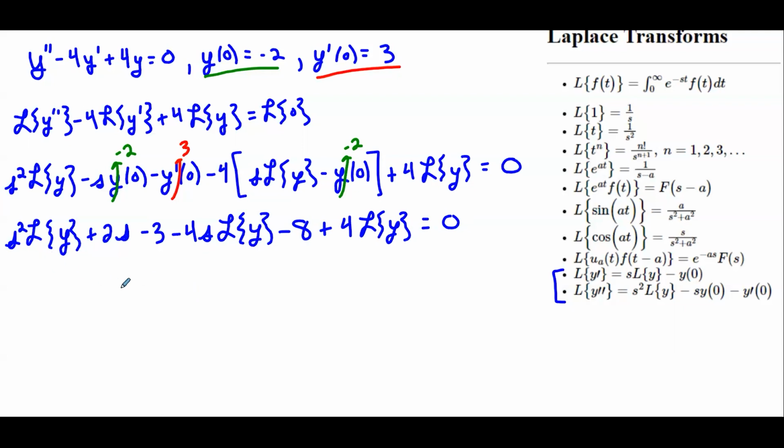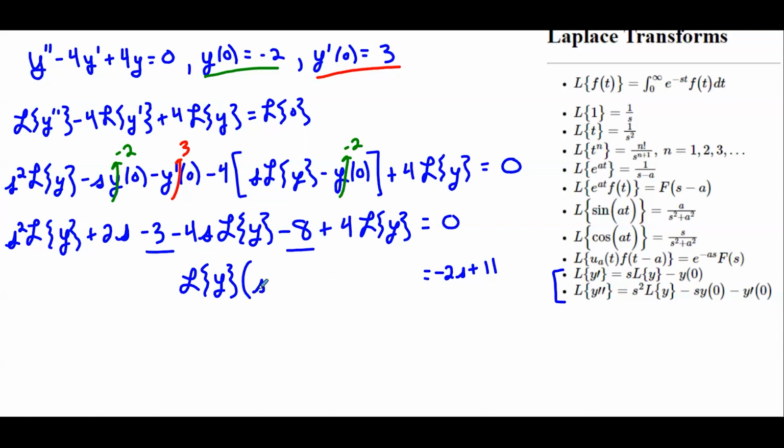So we're going to group our Laplace transform of y terms together. Everything else has got to go to the right side. So the -3 and the -8, that's -11. If I move it over, it's going to be plus 11. And then 2s, if I move it over, it's going to be minus 2s. And then I'm going to factor out the Laplace transform of y from what's left over.